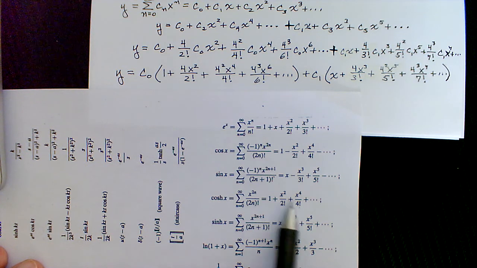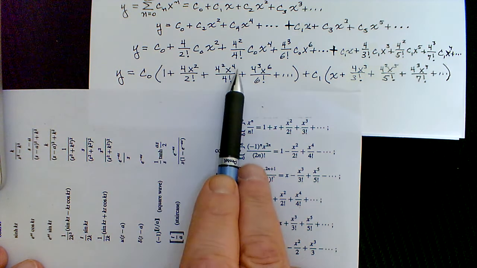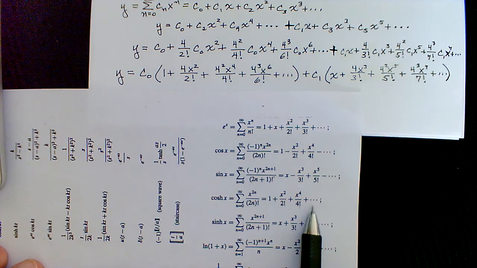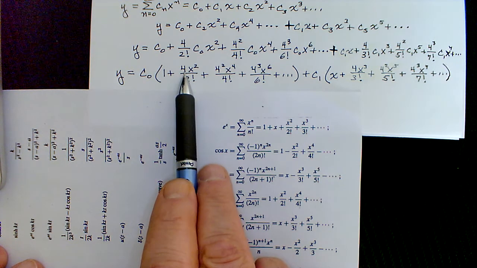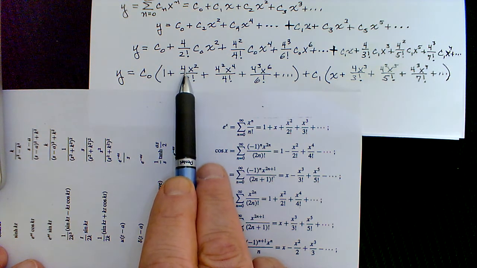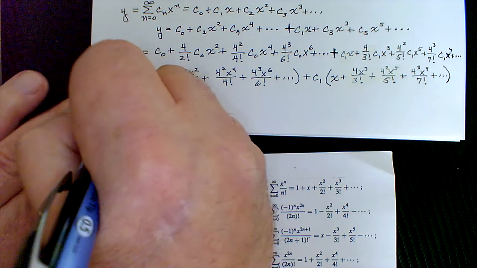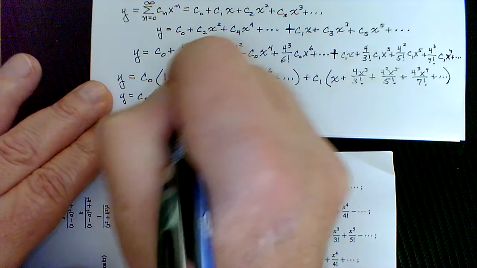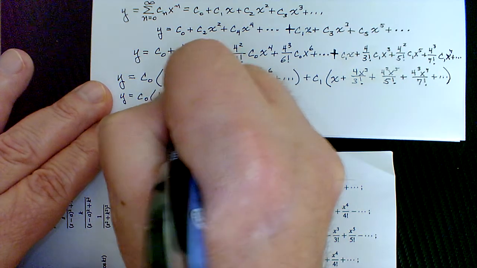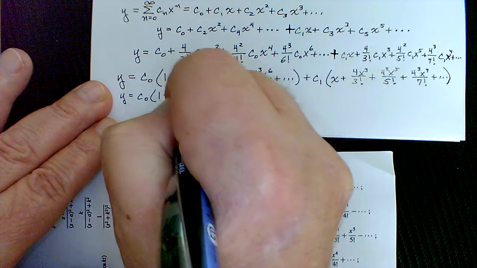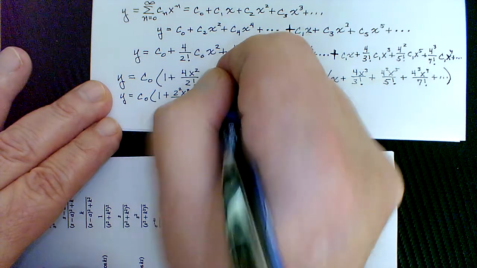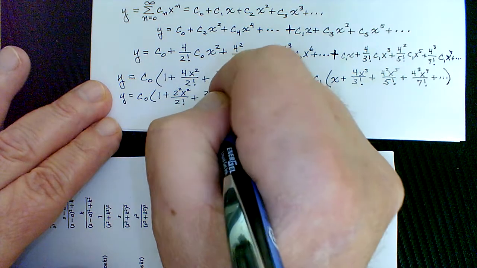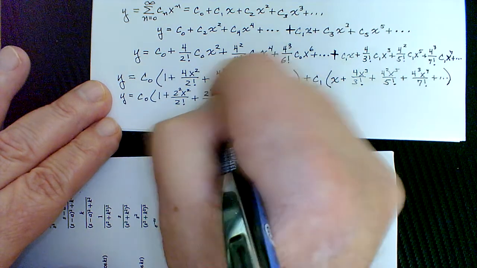Let's check the powers. See, it goes 1, x squared, x to the 4th. That's what we have, 1, x squared, x to the 4th, and so on. So it looks like that, but the 4 is the issue. But remember, we dealt with this situation earlier. What we could do is write this as c sub 0 times 1 plus, we could express the 4 as 2 squared x squared. And then express this 4 that's squared as 2 to the 4th x to the 4th.